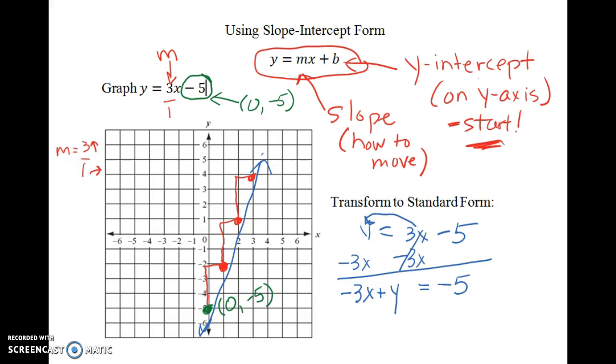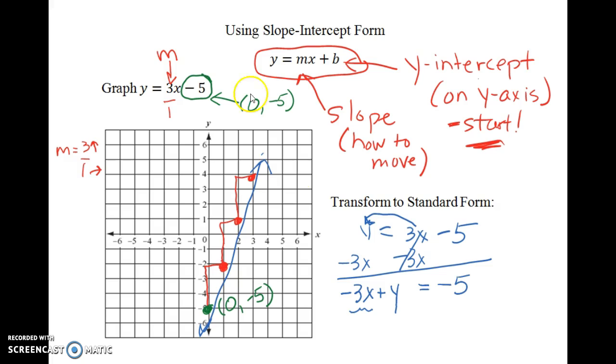Remember, our 3x's cancel out on the right side of the equation. For me, this is perfectly valid. Standard form says no fractions, no decimals as coefficients. We don't have those. All we have are integers. Also, x and y are on the same side of the equation. That's also the case here. For some people, though, you might want to change this coefficient of x to be positive.